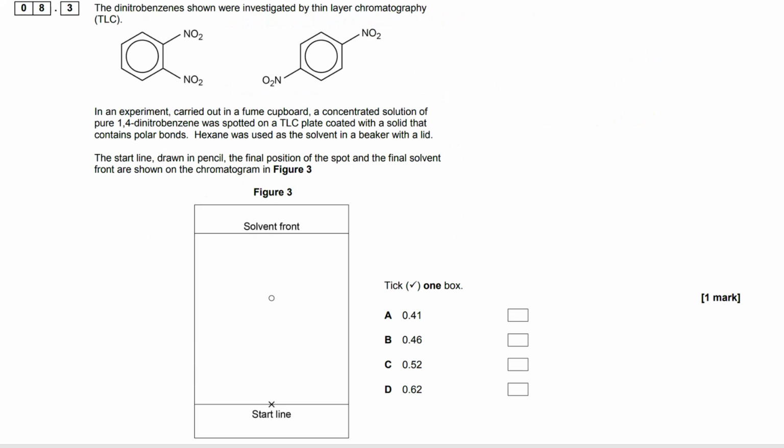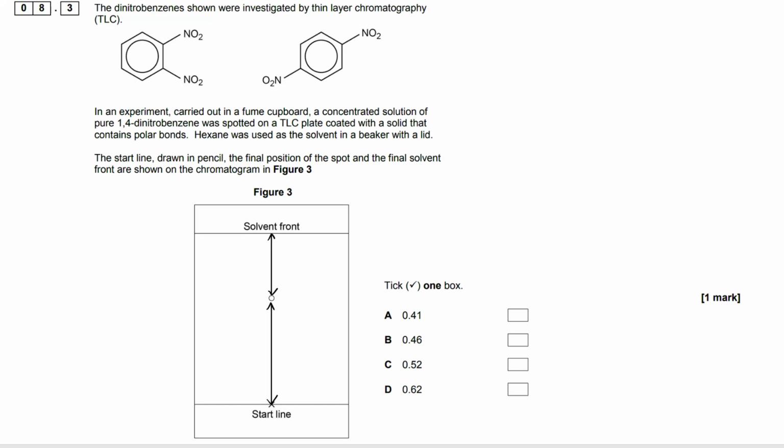So on here, we're moving on to chromatography. And we've got actually a relatively straightforward mark, but you've got to make sure you've got your ruler with you. Although on this one, actually, maybe you can reason it out without measuring it specifically. We'll take a look.